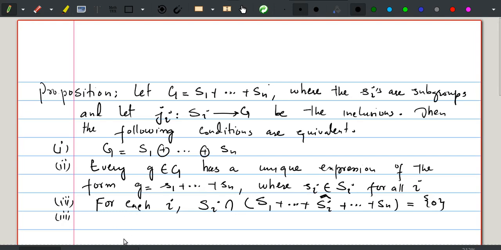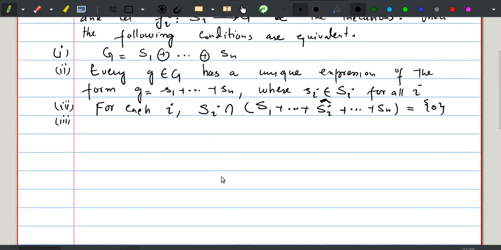for the homomorphisms, which are the projections, this is item 4.